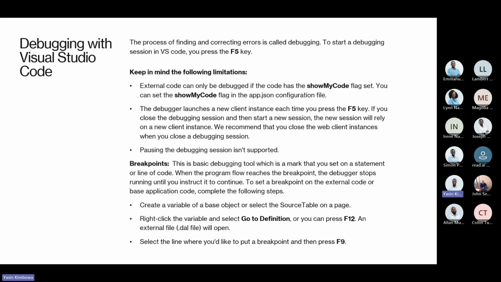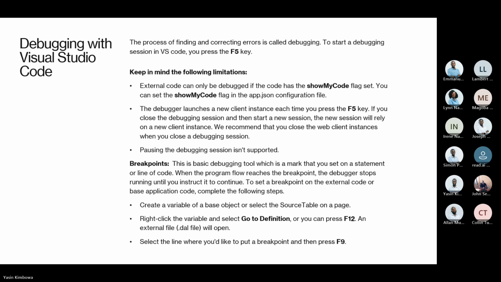However, you can also set a breakpoint in external code of this application. You can follow these steps: you set a variable, maybe a record variable, especially for the base extension or objects.